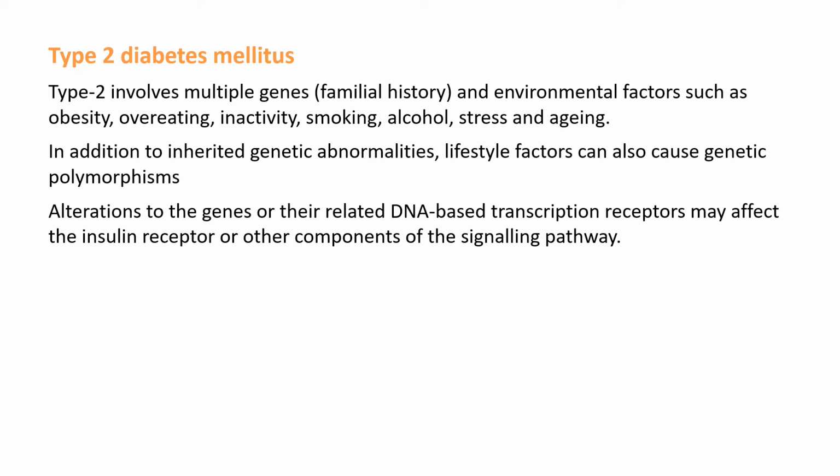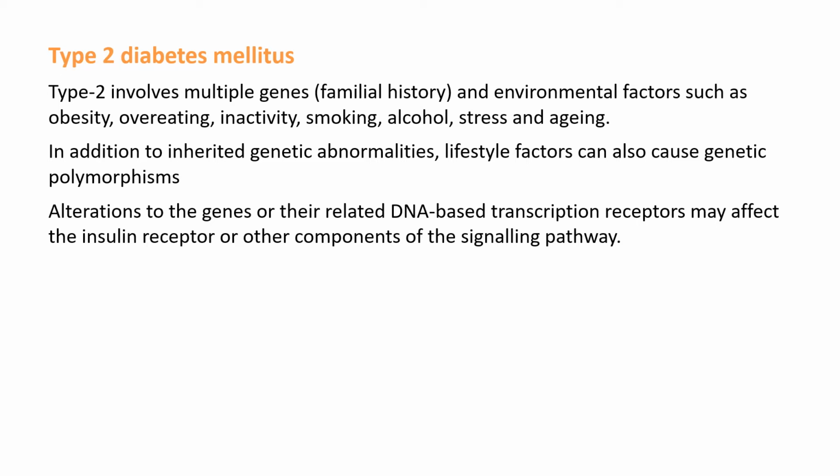So alterations to the genes or their related DNA-based transcription receptors. Remember, protein synthesis always begins with a transcription factor binding to a receptor on DNA. Any changes along there are going to affect the insulin receptor or any other component of the signaling pathway. Remember, we don't always talk about the complete complex signaling pathways.